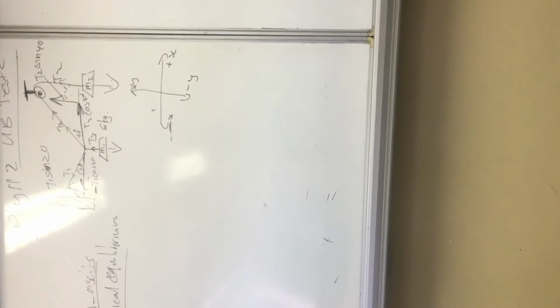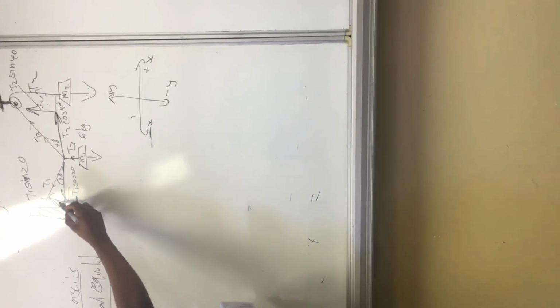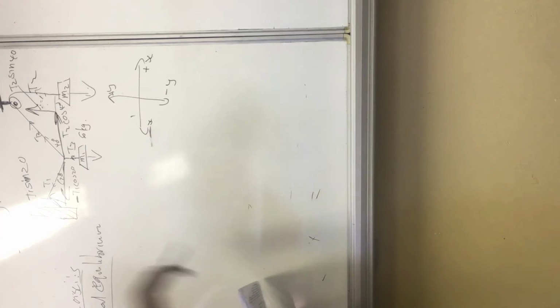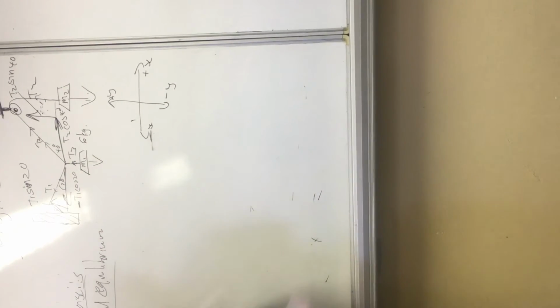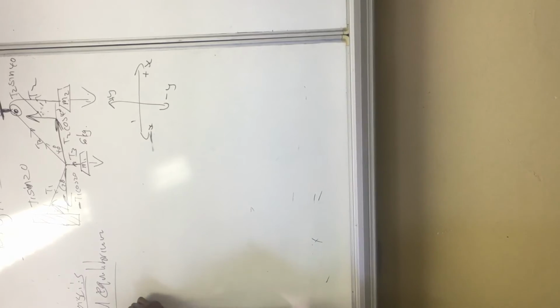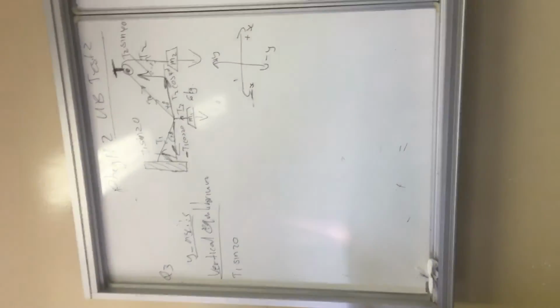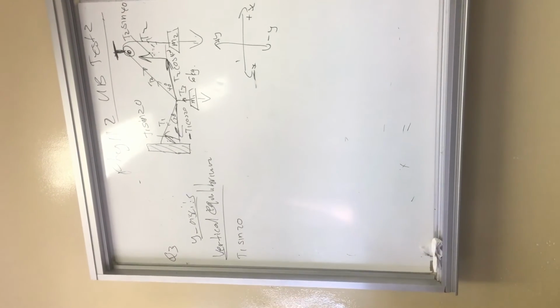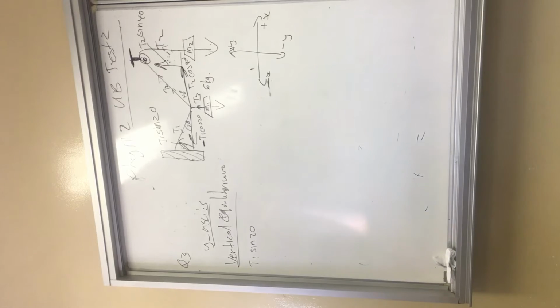What are the forces in the vertical? This force is acting up, in the vertical, so it's going to be T1 sine 20. What's the other force in the vertical?